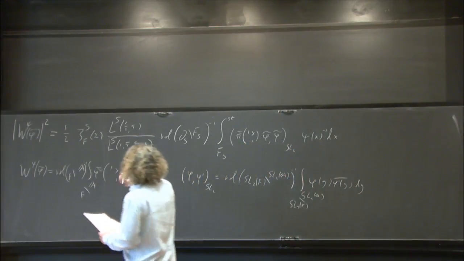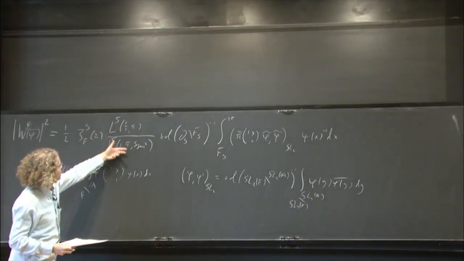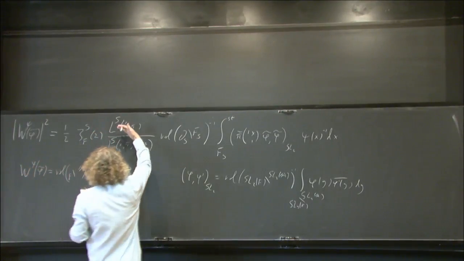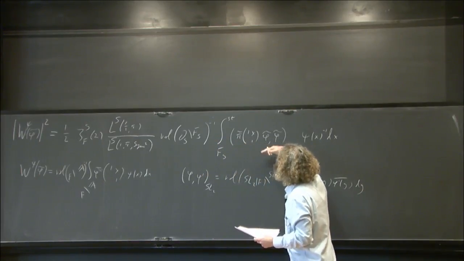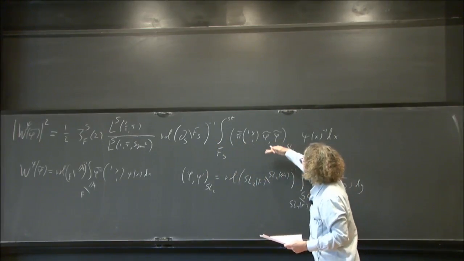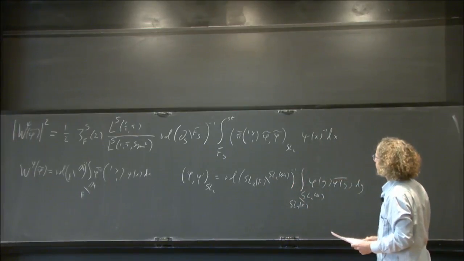So this is just the partial L functions: the symmetric square of pi and the standard L function of pi, but only the partial ones. And this is kind of the Fourier coefficient of the matrix coefficient.